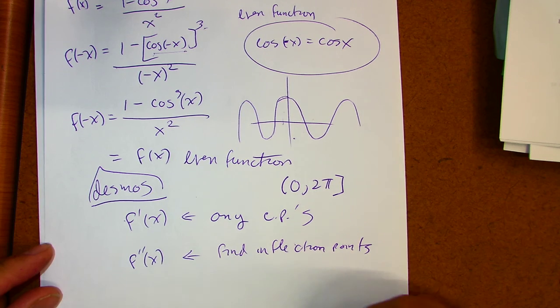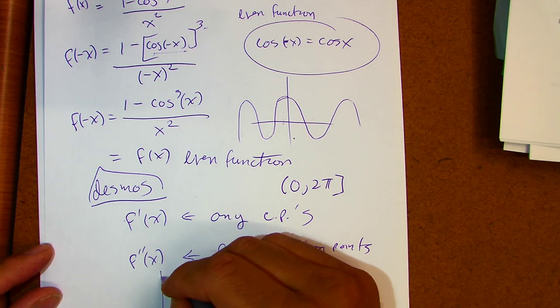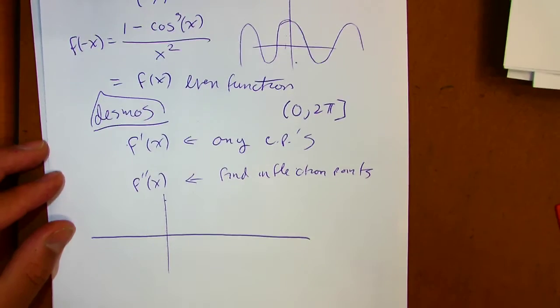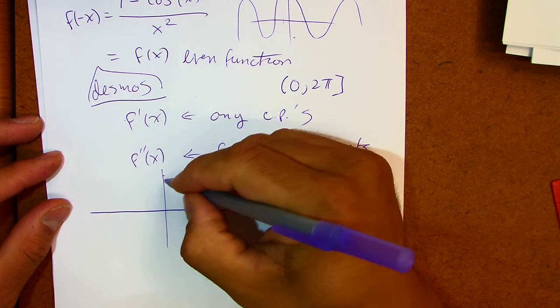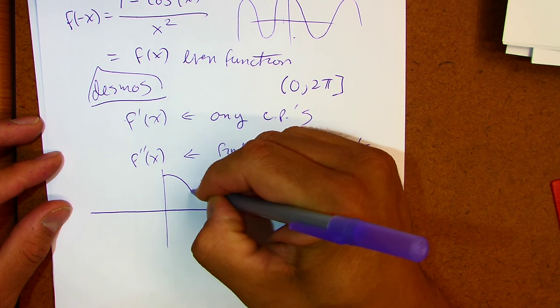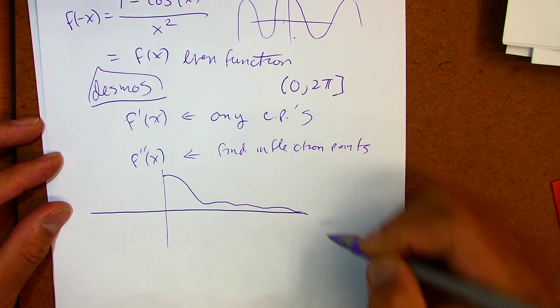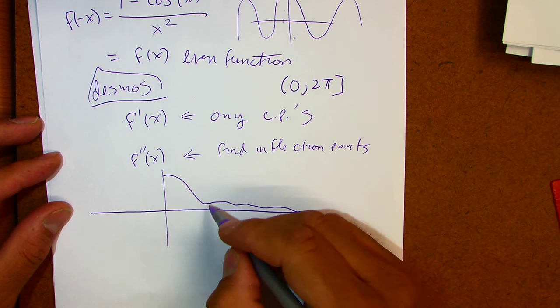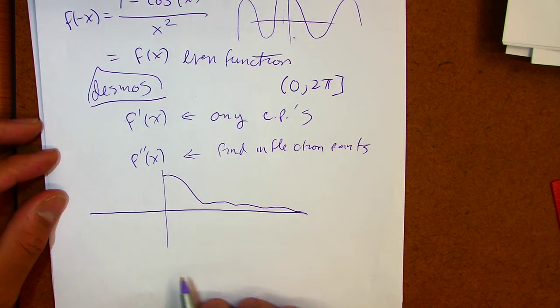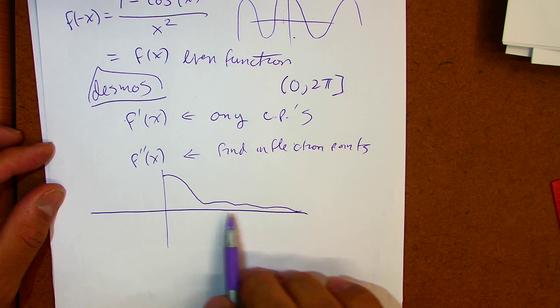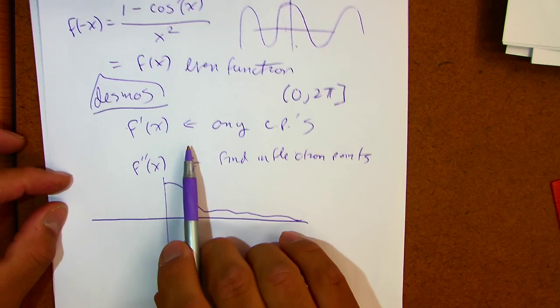Right, and in fact, what you'll see is that the function does something like this, where it has these kind of oscillations that aren't clear from this function here.